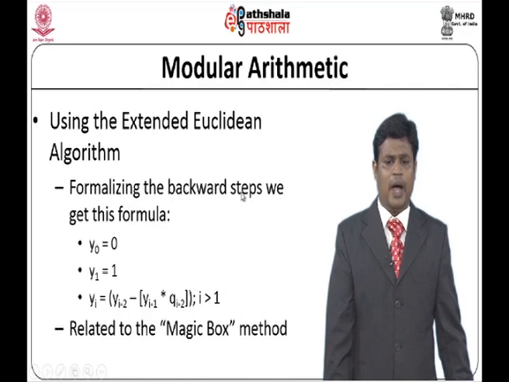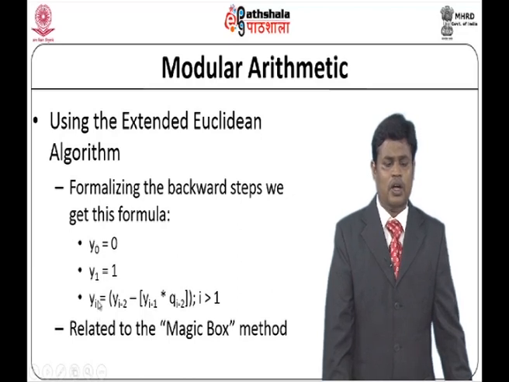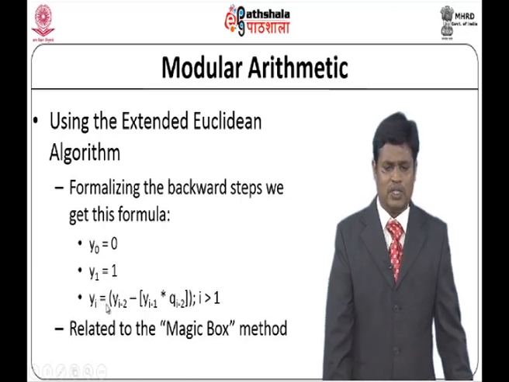So formalizing the backward step, we get the following formula. We have two variables, initialized with y0 equal to 0 and y1 equal to 1, and at each stage we compute the inverse of a particular integer.